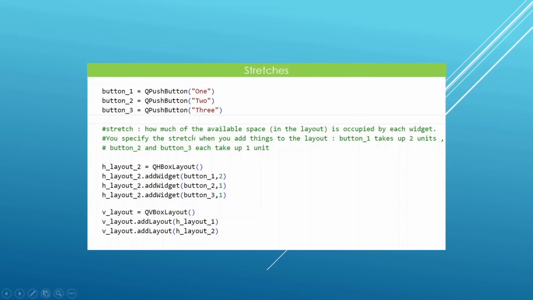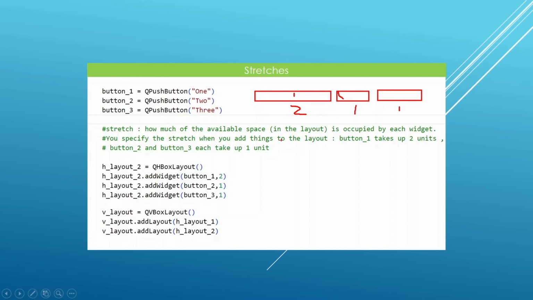In the example I showed, the first button occupied twice the space occupied by each other button here. So let's make sure I can at least try to visualize this. Suppose the first button here has 2 units. It occupies 2 units, and each other one is going to be occupying 1 unit.